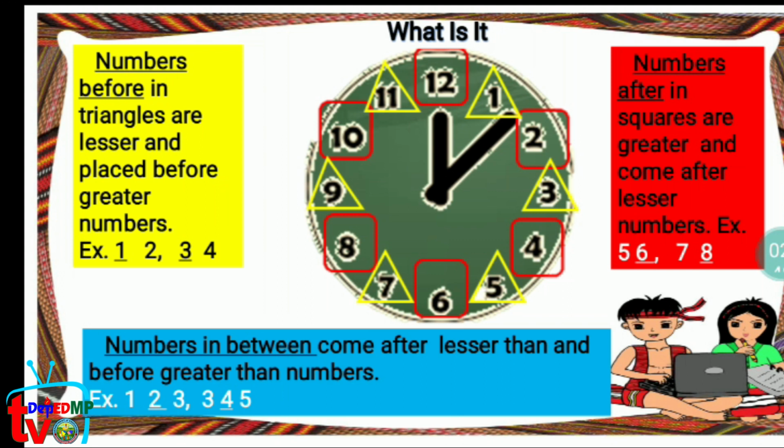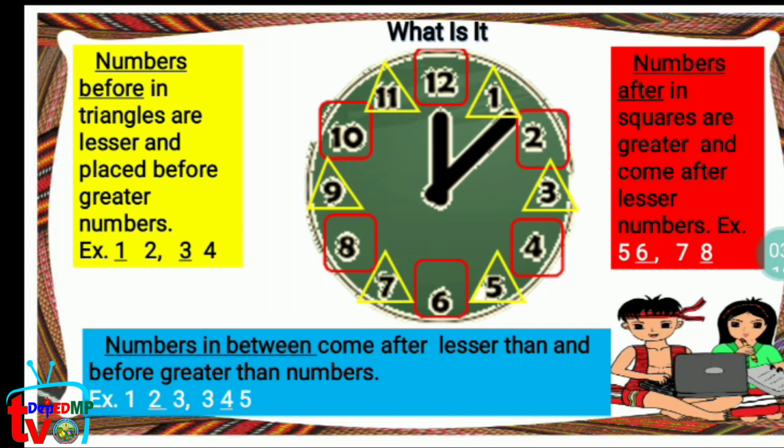Example, 1 comes before 2. 3 comes before 4. Numbers after in squares are greater and come after lesser numbers. Example, 6 comes after 5. 8 comes after 7.